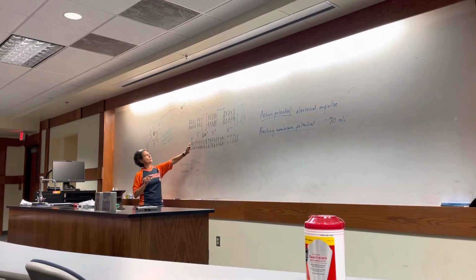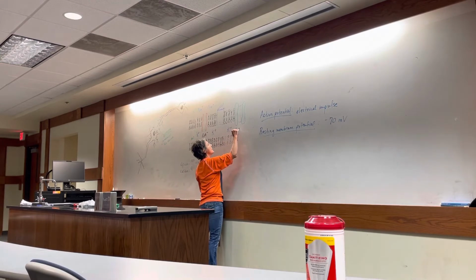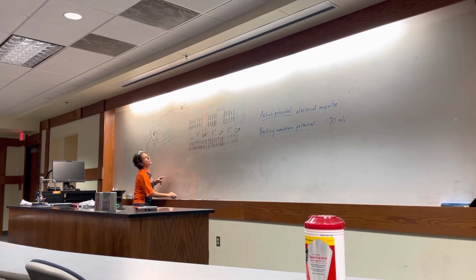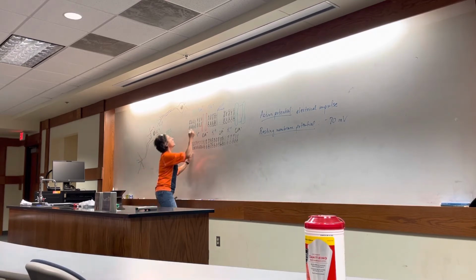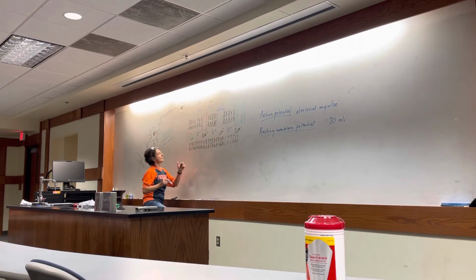We have the negative because an anion has a negative charge. On the outside, you also have some chloride ions.